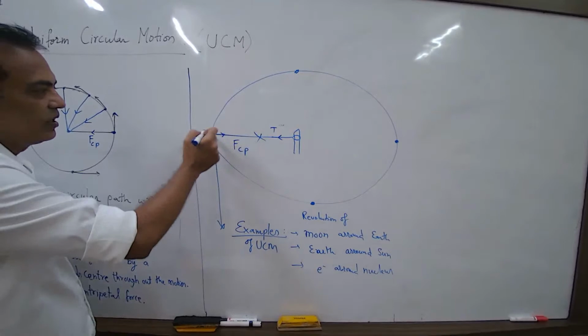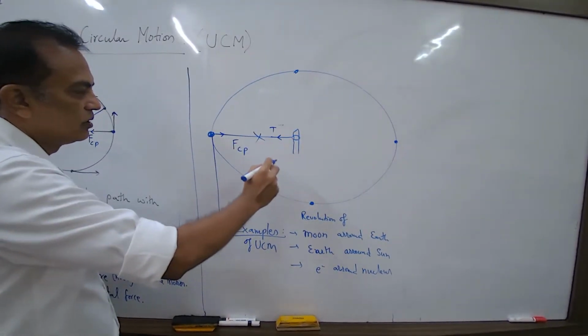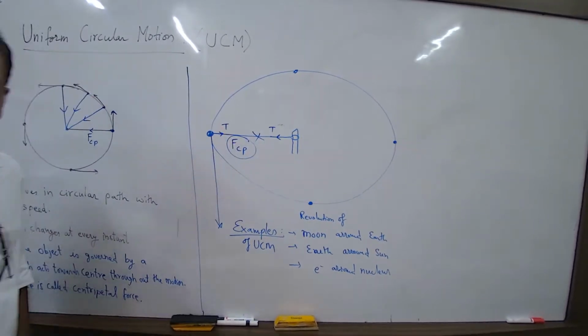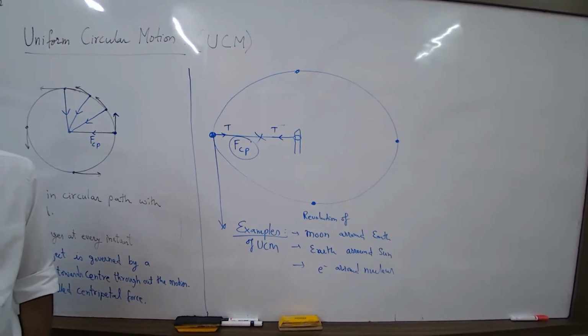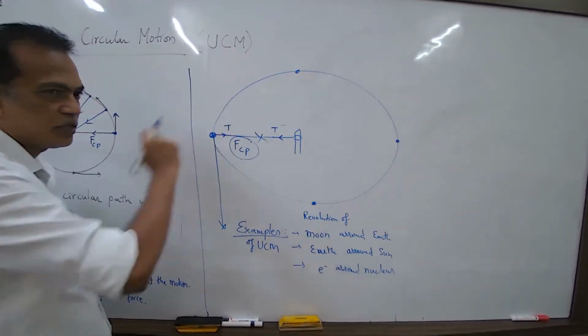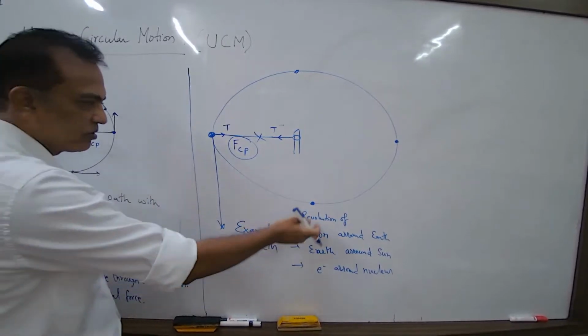In the string and stone example, there is this string, and it is the tension in the string which is providing the centripetal force. Centripetal force is the general name given to the force which, like in this case, is tension, acting towards the center. What is the force in the case of the moon and Earth?